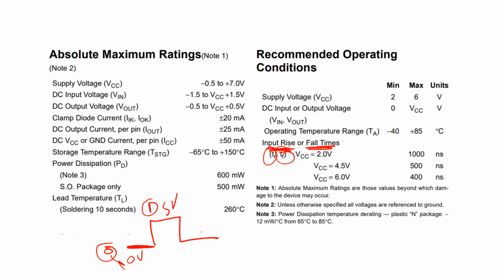But in reality, nothing in the world can change from 0 to 5 volt in 0 seconds. It cannot happen. So in reality, there is some rise time and some fall time.